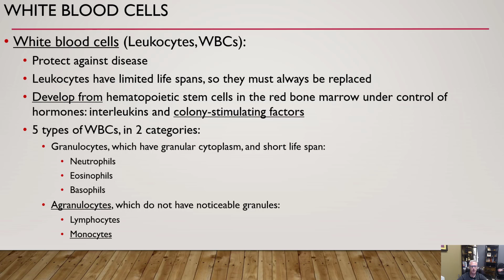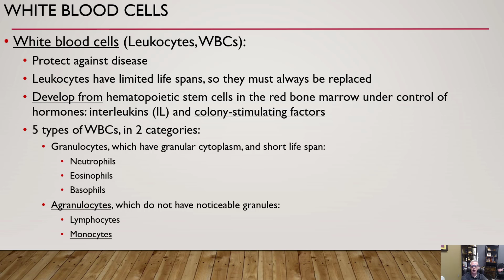Interleukins, I'll just say IL. Interleukins are just numbered like IL-1, IL-2, IL-3, stuff like that. Colony stimulating factors are named for the cell population that they stimulate.